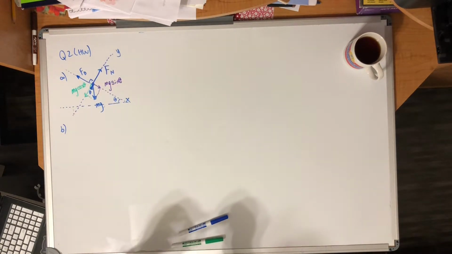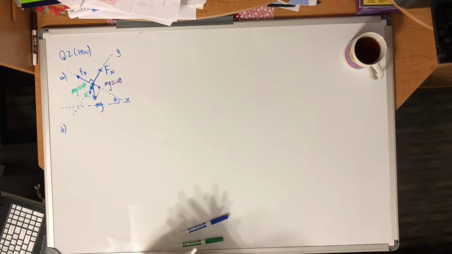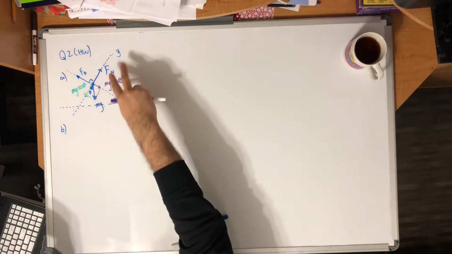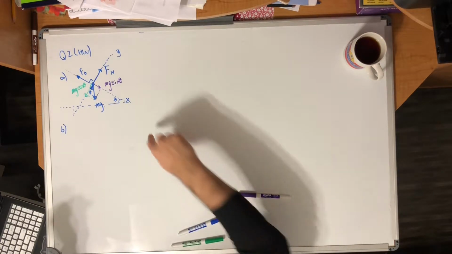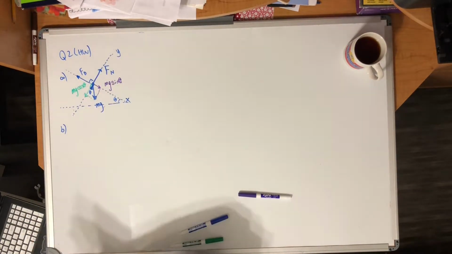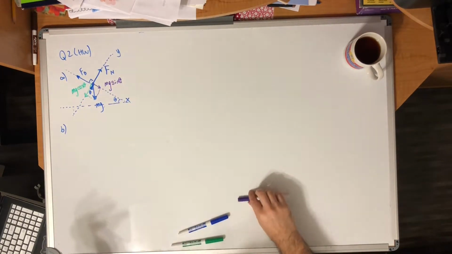So you basically found the components of x and y. There's no friction, so we don't need to worry about what's happening on the vertical axis. All we need to worry about is what's happening on the x-axis. So the object is basically accelerating in this direction.